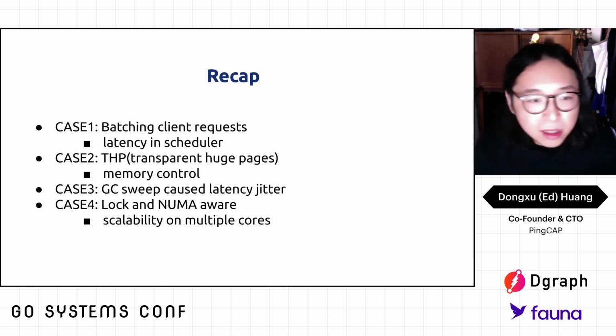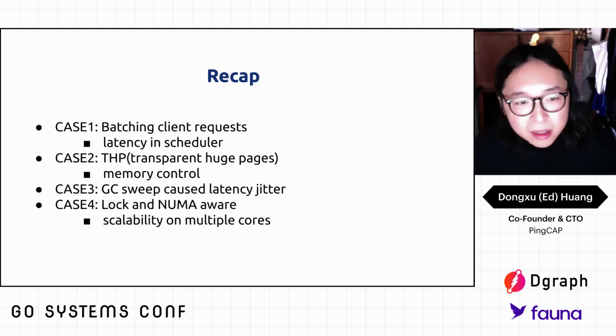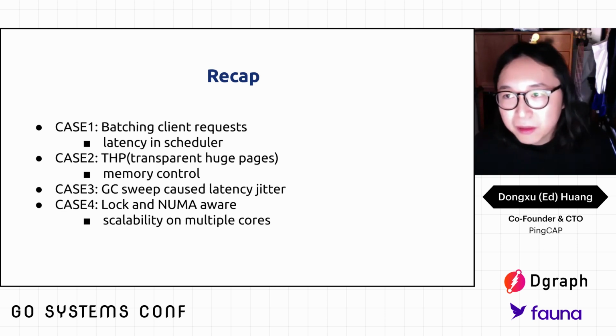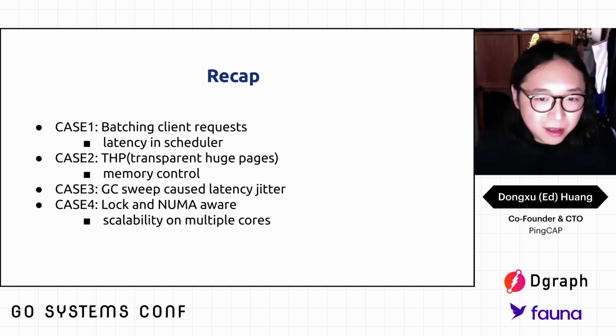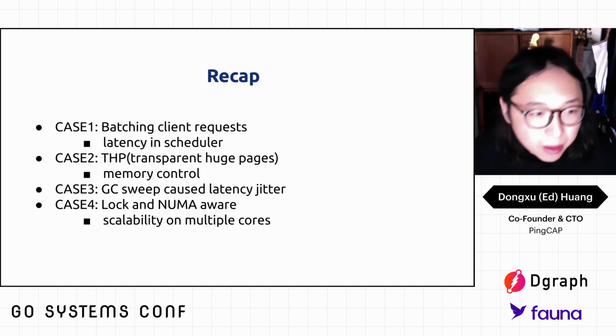Case three is that GC sweep may block your individual goroutine because of the mark assist mechanism.